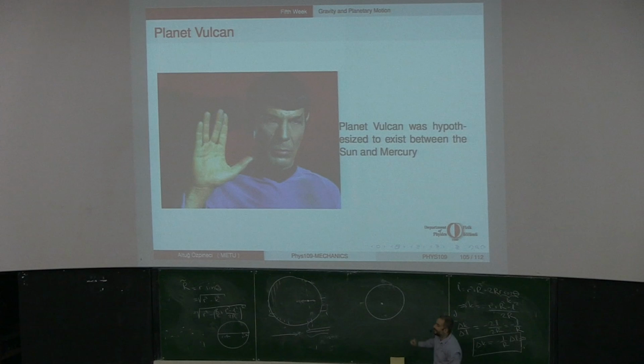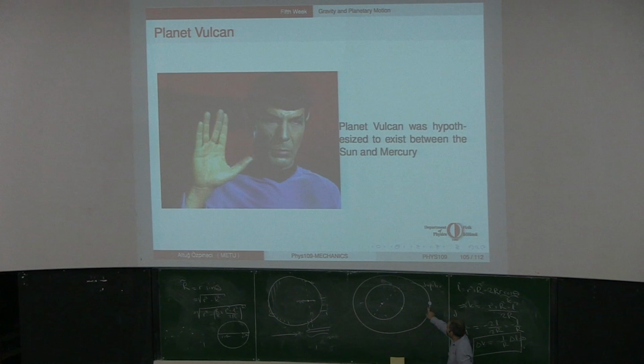Well, there are all other planets around. Let's say Jupiter is somewhere over here. Earth is rotating. It has the ellipse as a major axis.